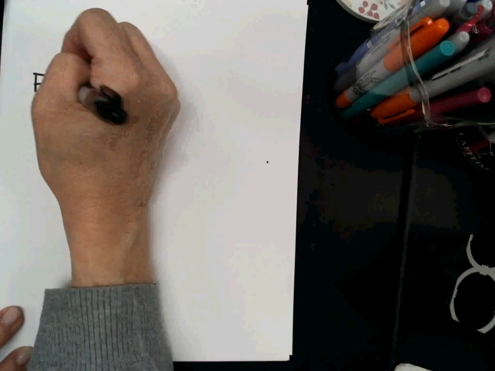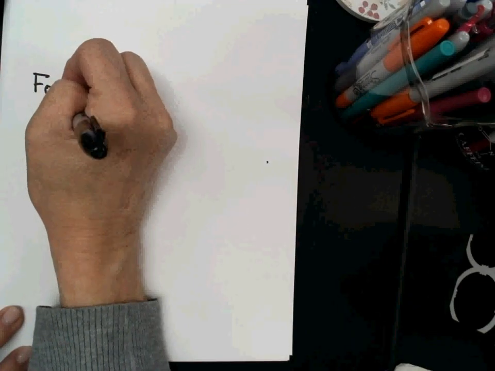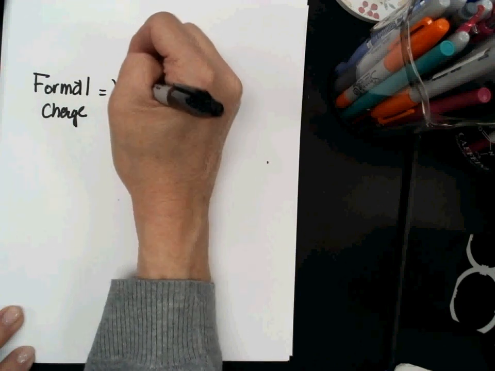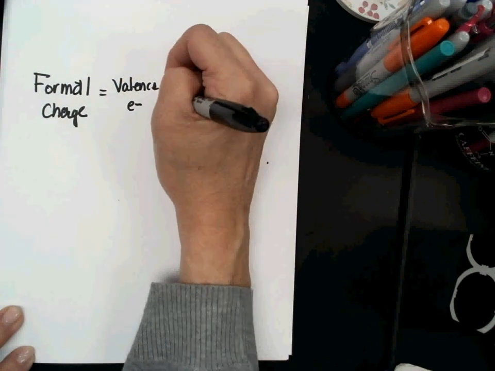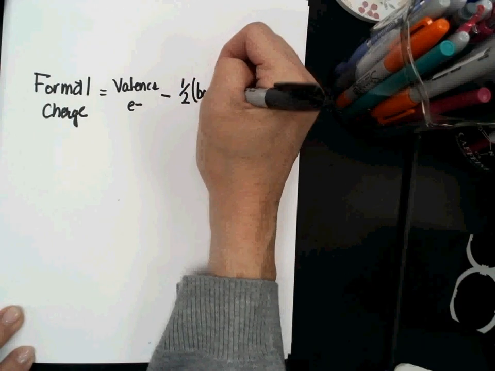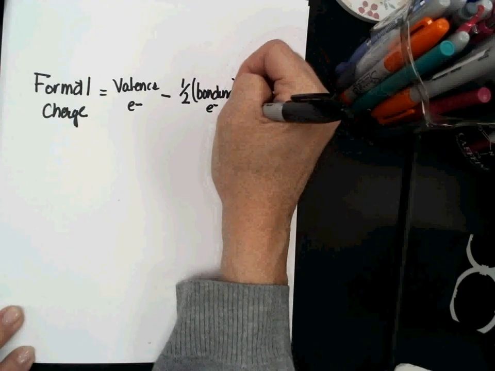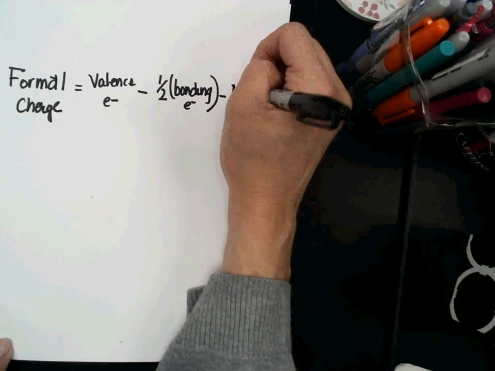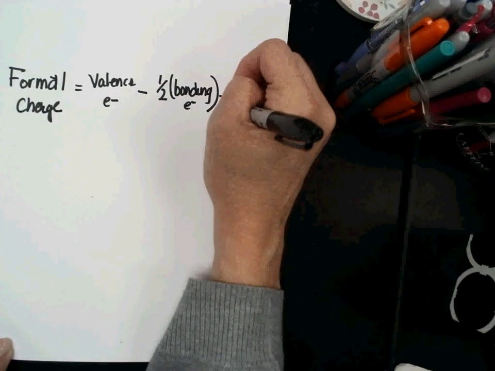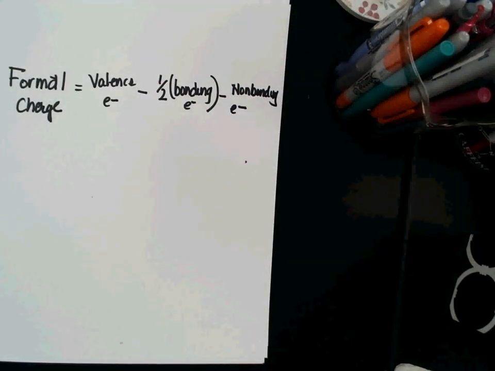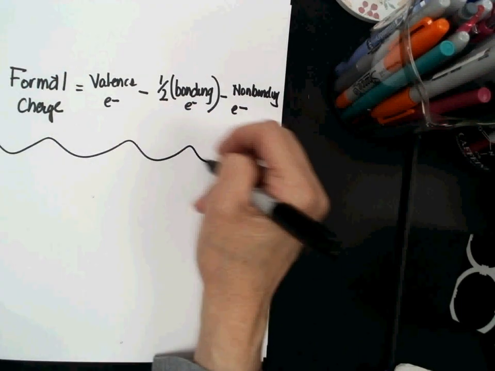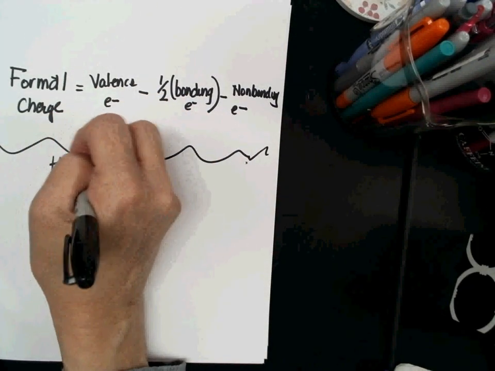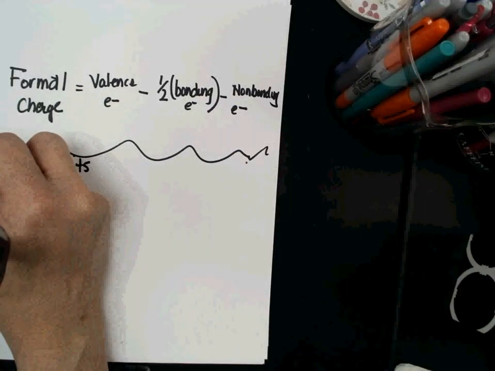So to calculate formal charge, it is equal to the valence electrons minus 1/2 of the bonding electrons, so that's like your shared electrons, minus the non-bonding electrons. Okay, so some important little hints to help.